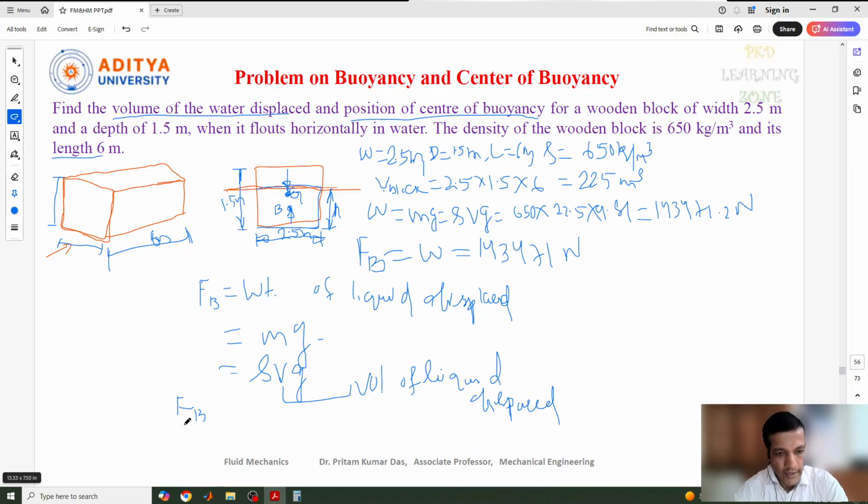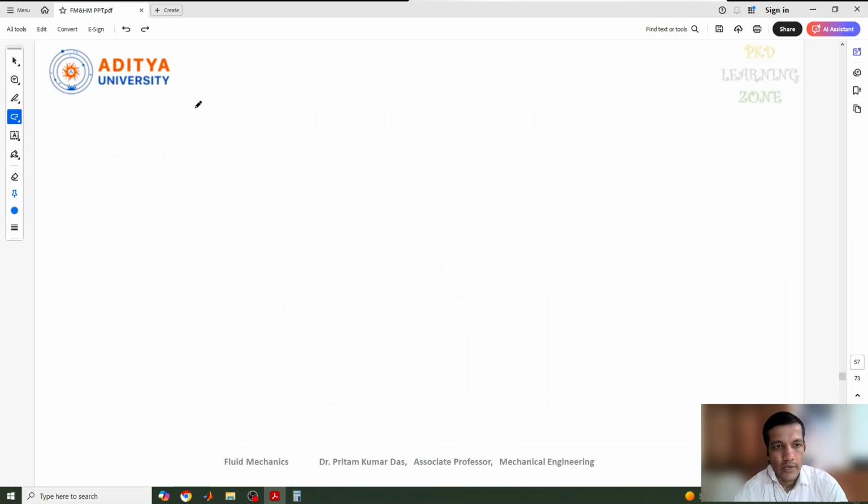So what I'll write, directly I'll put the value of 143,471, so equal to rho is 1000 into 9.81 into V. V is unknown, so I can keep V one side and take the rest to the other side.